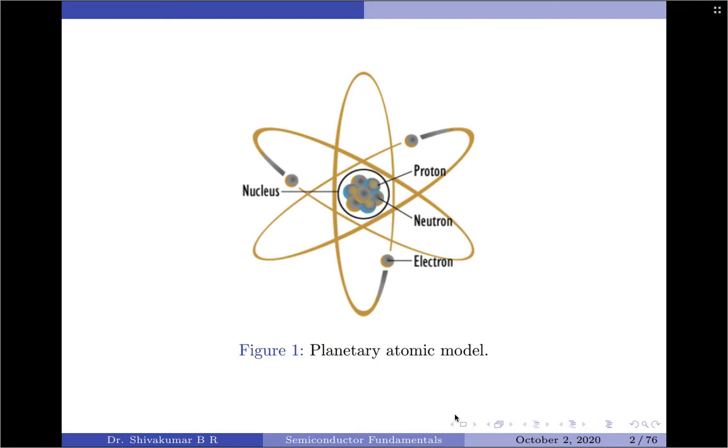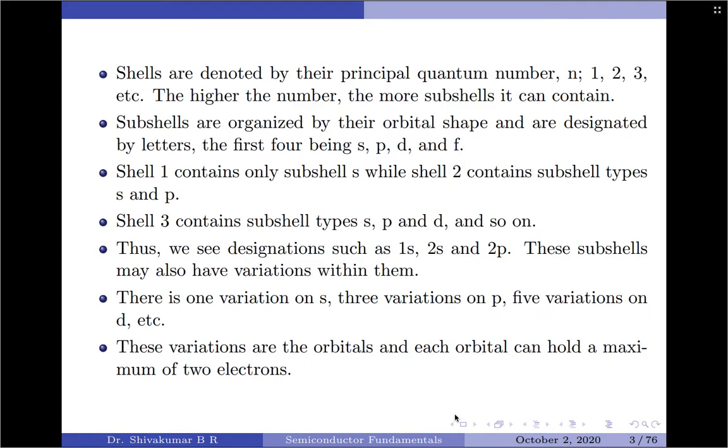Further, orbitals fill in first from lowest energy level to highest energy level. Shells are denoted by their principal quantum number n, which can take on values such as 1, 2, 3, etc. The higher the number, the more subshells it can contain.